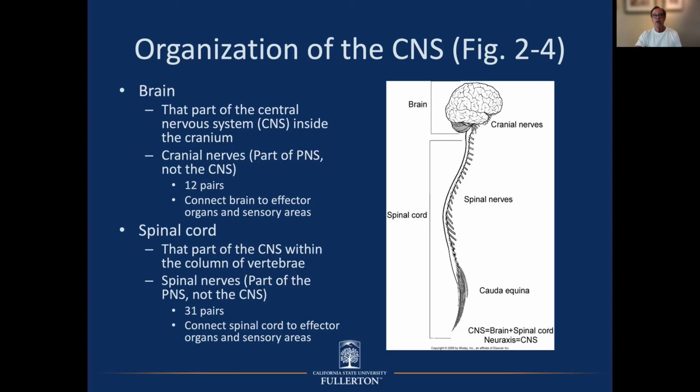So you now know that the CNS has a brain and a spinal cord that make it up, and they connect to effector organs. Both of them connect to effector organs or sensory zones by way of nerves, spinal nerves for most of the body, and cranial nerves for the head, neck, throat, that area.